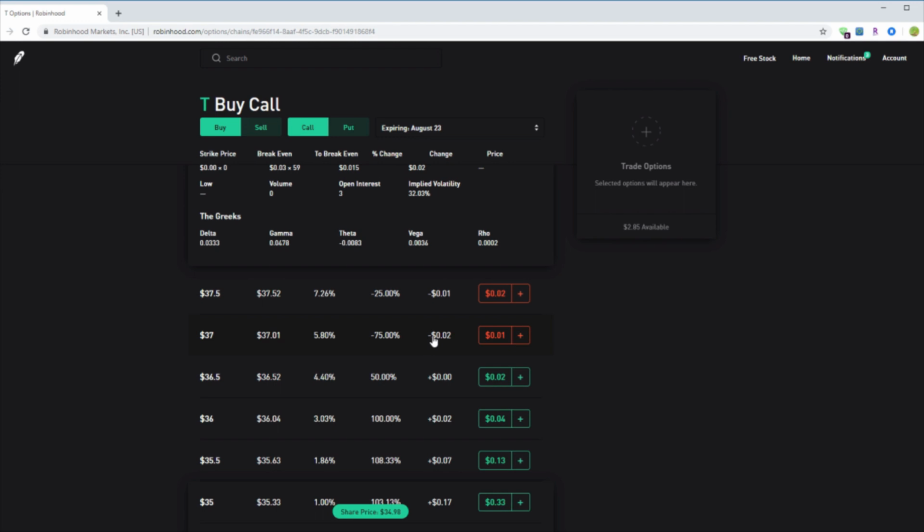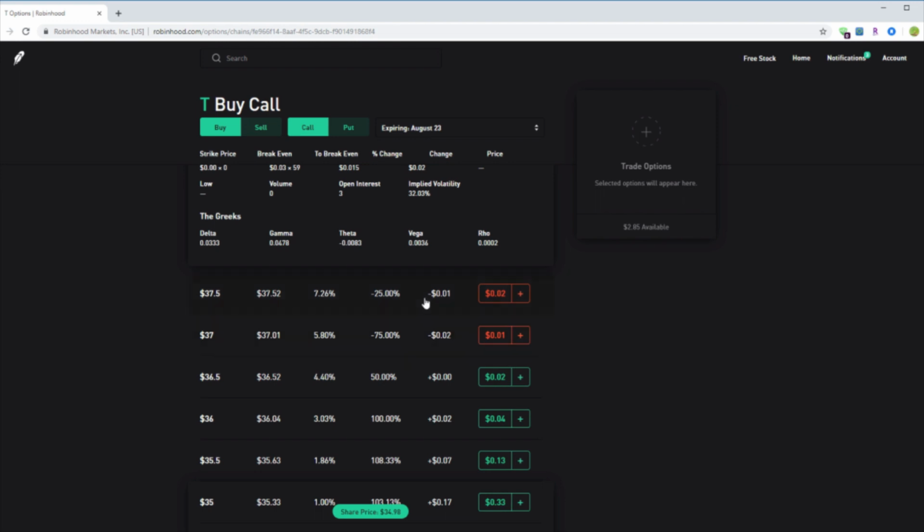And so when looking at theta, at the money options have the least theta, so they're all pretty much headed to zero, but then we have in the money options and out of the money options, which lose value the quickest.